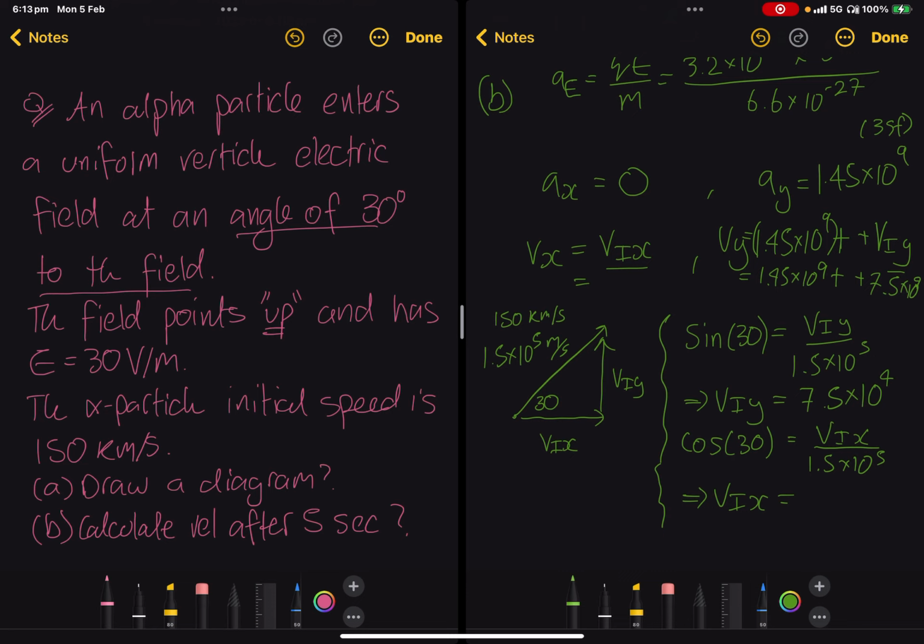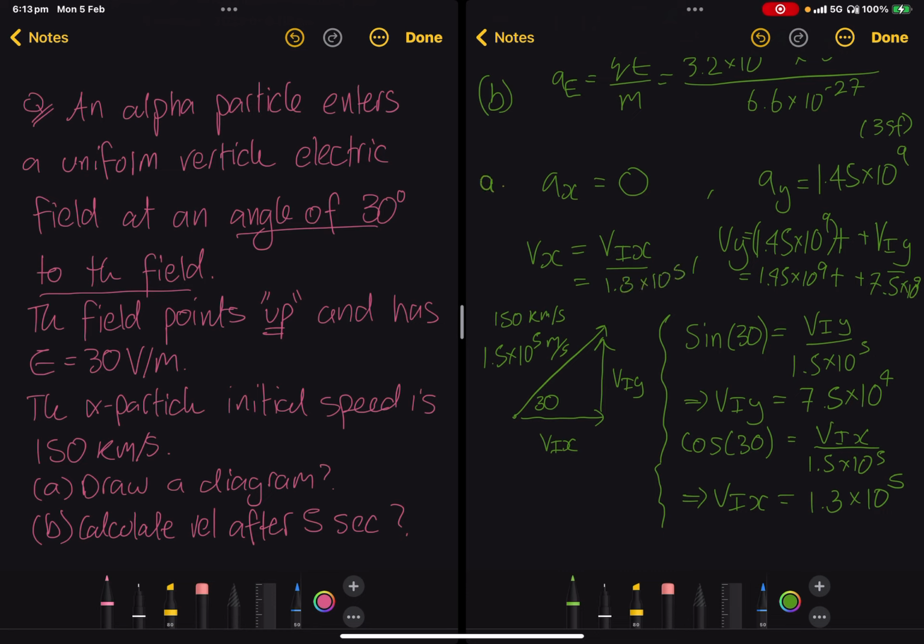This is 1.299038 times 10 to the 5. So let's say 1.3 times 10 to the 5. These are just approximates, but that's good enough. So the velocity initial in x is 1.3 times 10 to the 5.